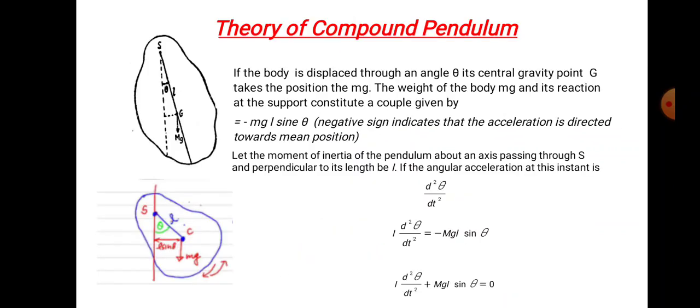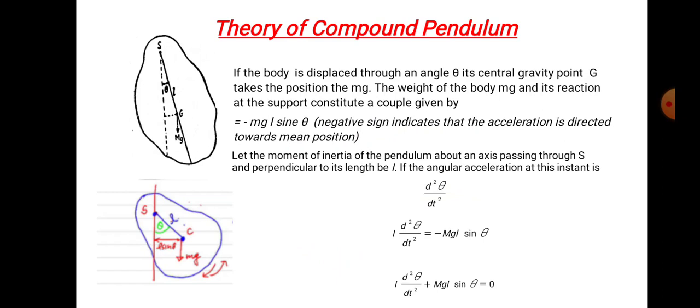I will repeat once again. What do you mean by a compound pendulum? A compound pendulum is a rigid body capable of oscillating freely in a vertical plane about a horizontal axis passing through it, as shown in the figure here.